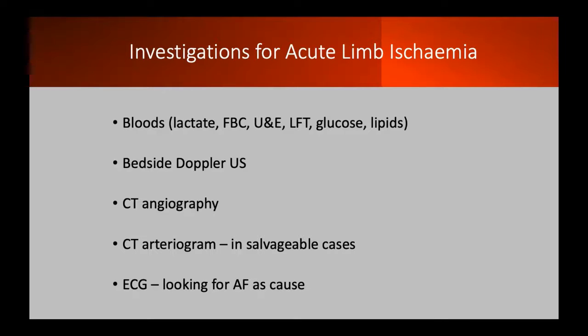Initially, the investigation for all patients is a bedside Doppler ultrasound scan of both limbs, followed by consideration of a CT angiography. In patients that are deemed to have salvageable limbs, a CT arteriogram is used to get more information in terms of the anatomy and where an operation can be done. And in terms of looking for the causes of the acute limb ischemia, an ECG looking for AF can be done.